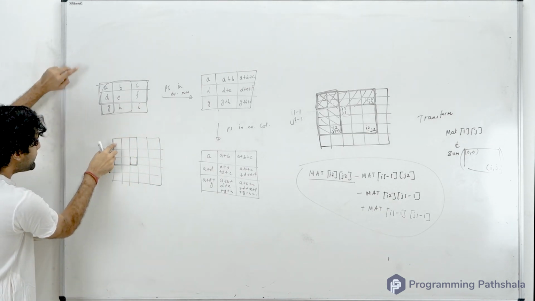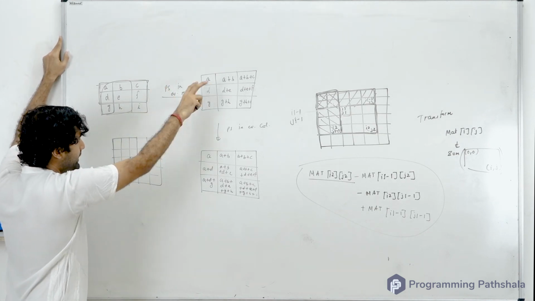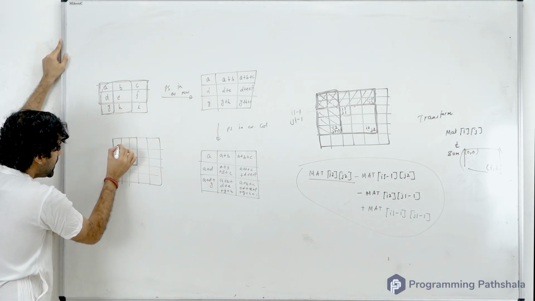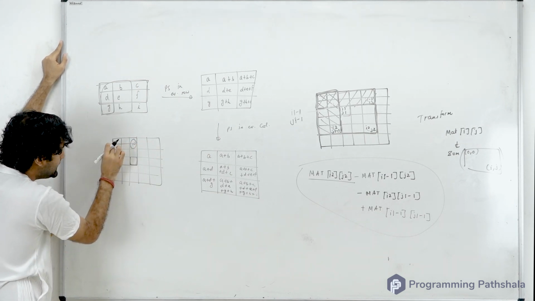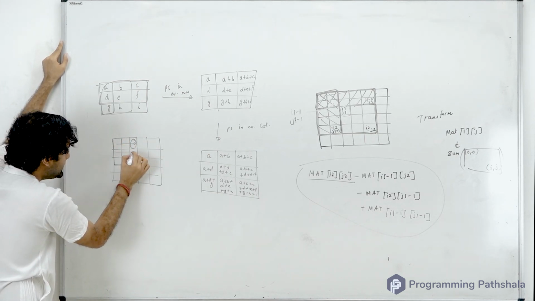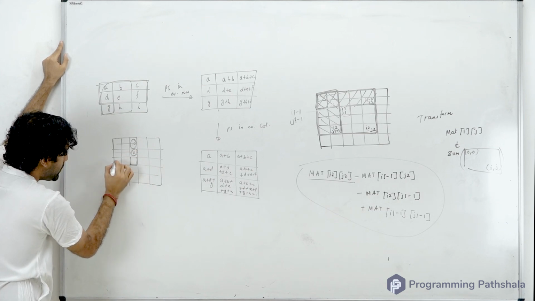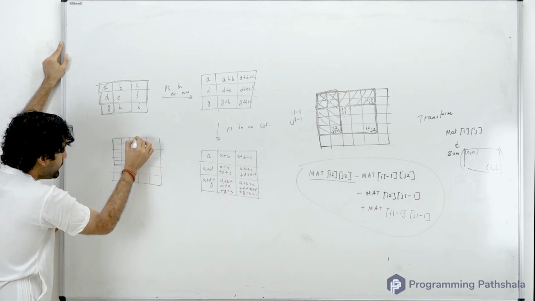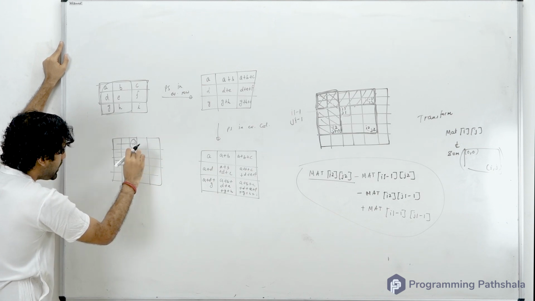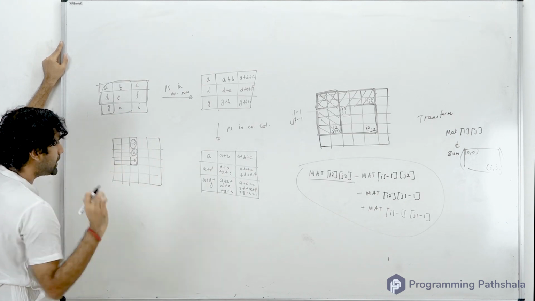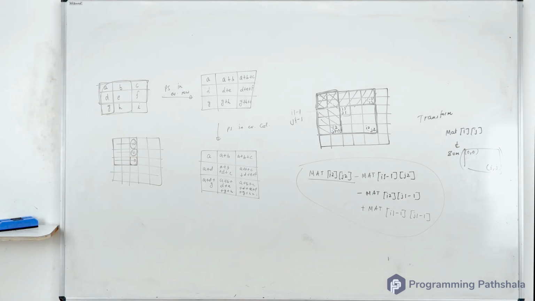Now when you are doing prefix sum, that was your first step, all these sums slide here, all these sums slide here, and all these sums slide here. Now when you do the sum in column, it's just like all these have dropped here, all these have dropped here, and all these are already here, right? So that's the simple reason.